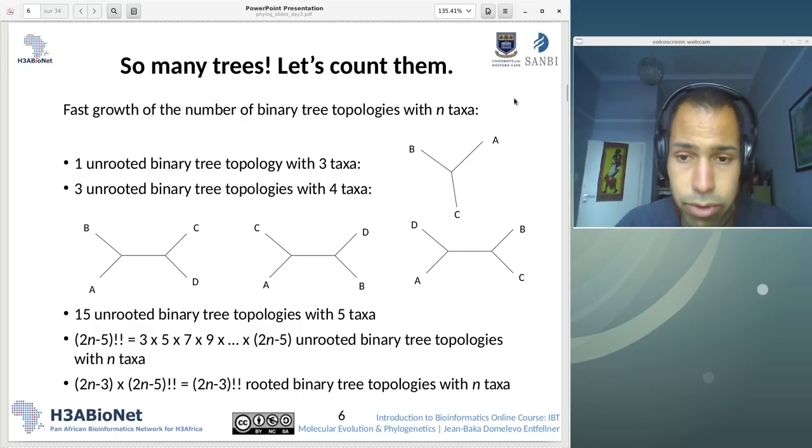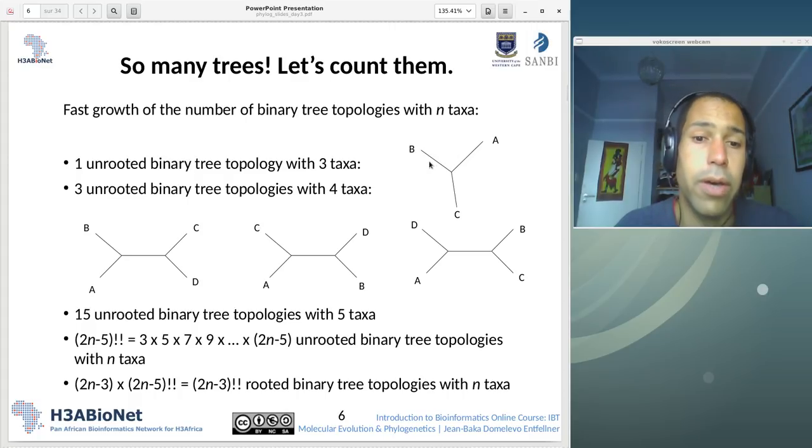cycles. So for instance, if you had an A here, B here, C here, and C connected to A back with a loop, this would not be a tree because it contains a cycle. Okay. So, sticking to the rules of how to form a tree and the characteristics of a tree being an acyclic connex graph, if you have only 3 leaves, if you want to make a binary tree unrooted, then you have only 1 topology.